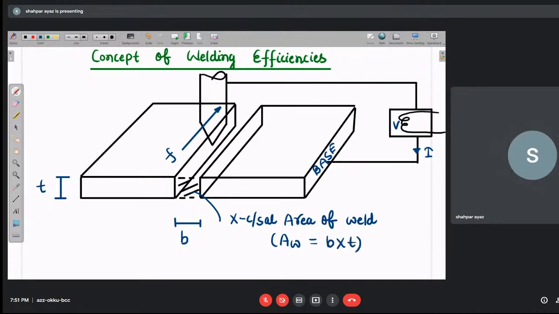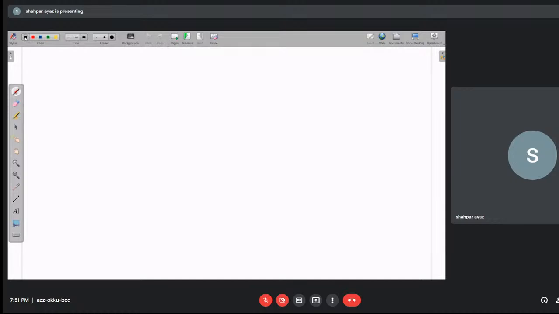Now, points I am going to highlight. T is the thickness of the sheet to be welded. B is the gap between the sheets.